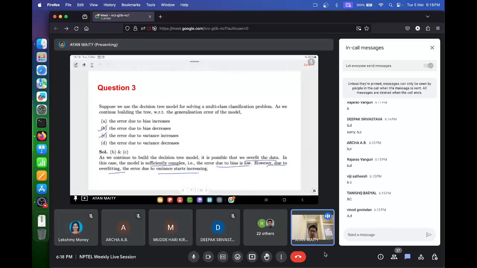I don't have any specific example for that, but overall in reduced error pruning, what happens is that you are trying to reduce the size of the decision tree. So you want to remove some part of the tree, that is some subtree you don't require.